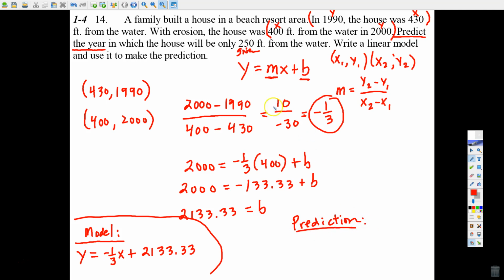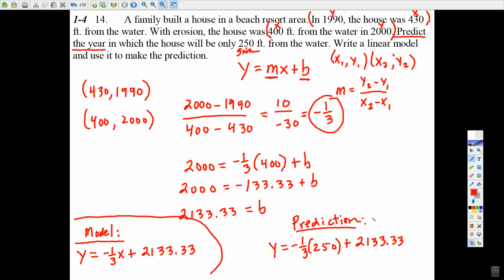So what that involves is taking this given number of feet. Remember, in my problem, x represents feet. I've already labeled 2 other measurements in feet with the variable x. So I'm just going to take my model and replace x with 250. And we're going to figure out what that year is.